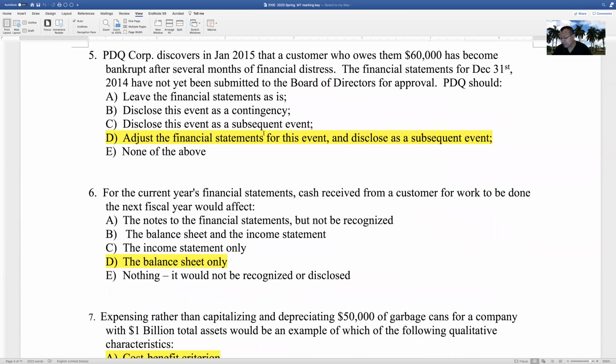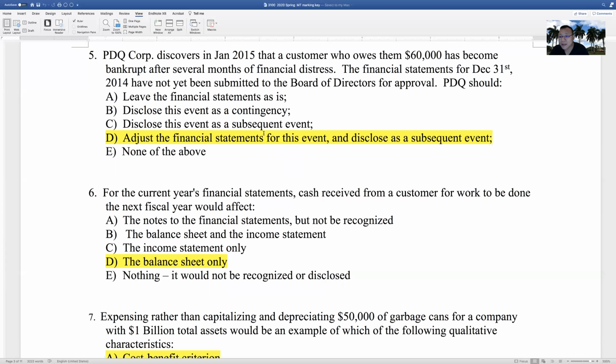Question number 5. PDQ Corporation discovers in January 2015 that a customer who owes them $60,000 has gone bankrupt after several months of financial distress.